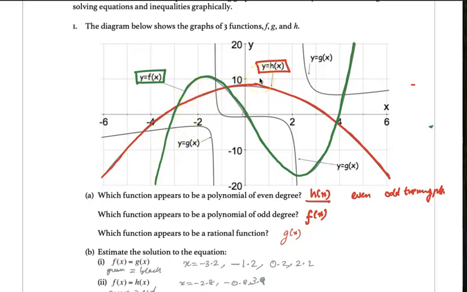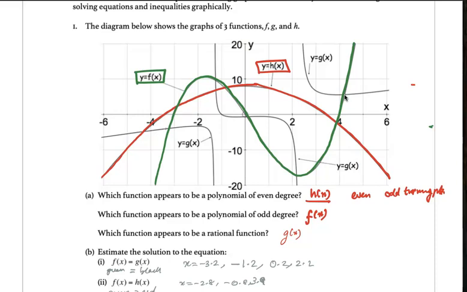Green, black, red. Anywhere else? No, only here. From this part onwards, like 4.1. So x is greater than or equal to 4.1.